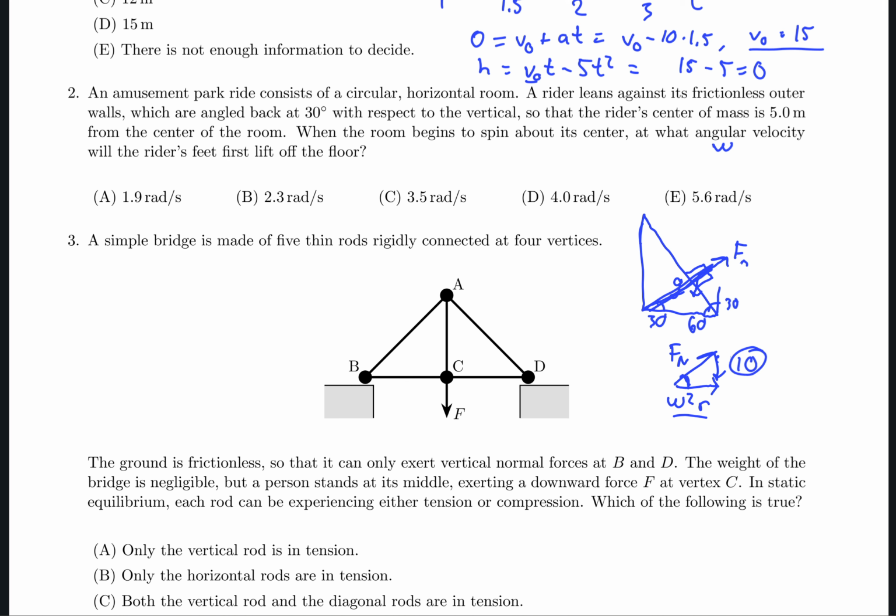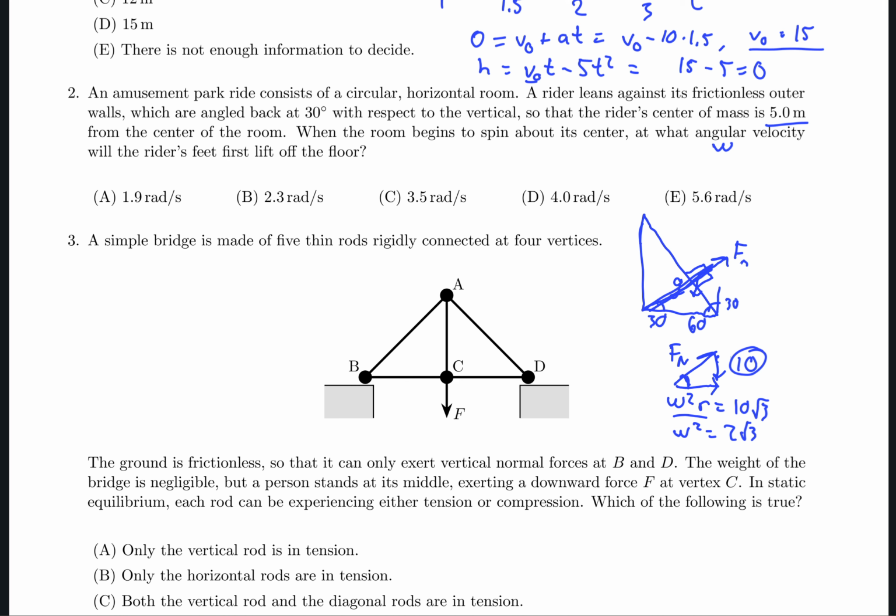This is 10, so omega squared r equals 10 root 3. Just solving the triangles. R equals 5. So omega squared equals 10 root 3 over 5, which is 2 root 3.